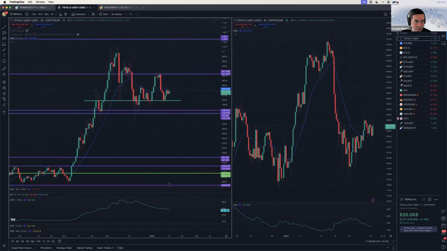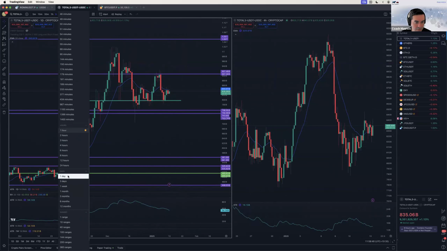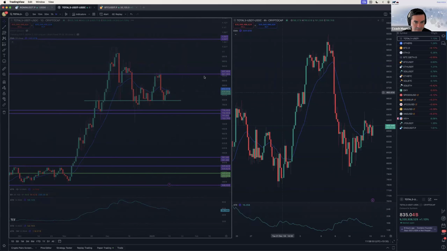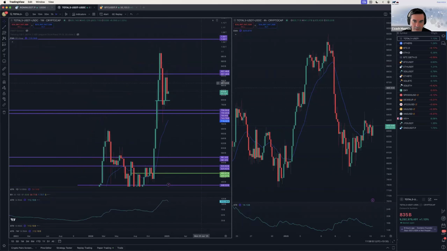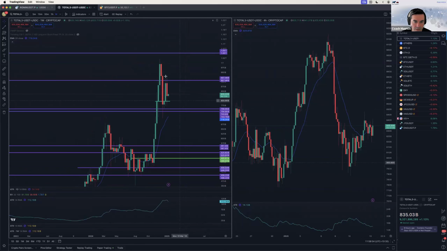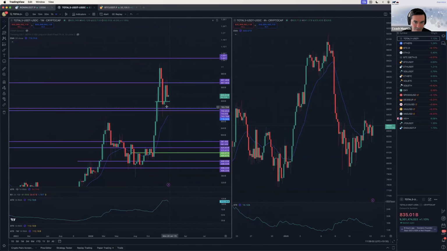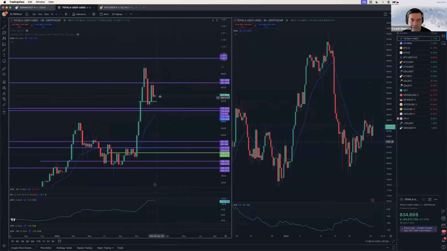But if we look at Total 3 from the weekly perspective, very similar price action. You do have a perfect RTV here on the weekly. So it looks good, right? Either it goes to continuation or it actually tries to provide liquidity and people get out. If you think of it from that perspective, right?